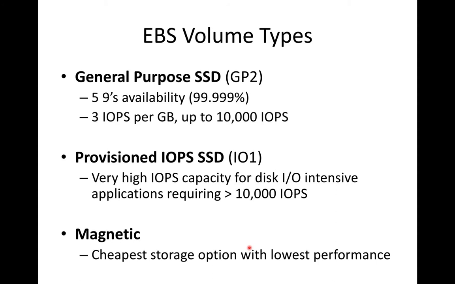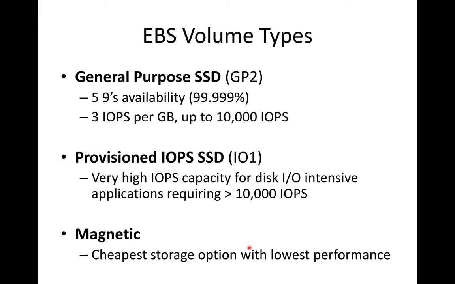There are a couple of different EBS volume types that you can attach to your EC2 instance. The default volume type is what's called General Purpose SSD, also known as GP2. This uses a solid state drive that is very fast.